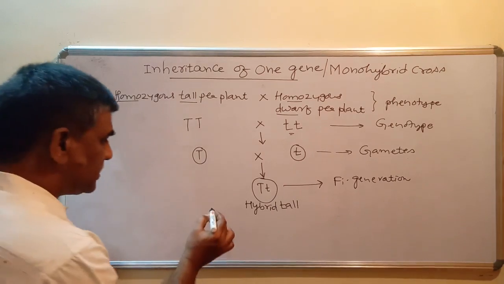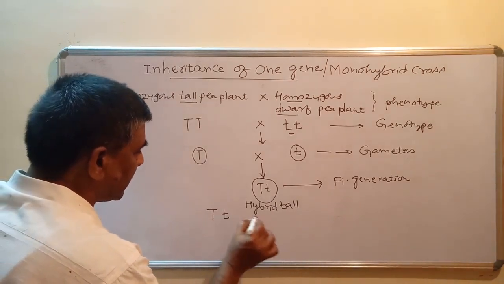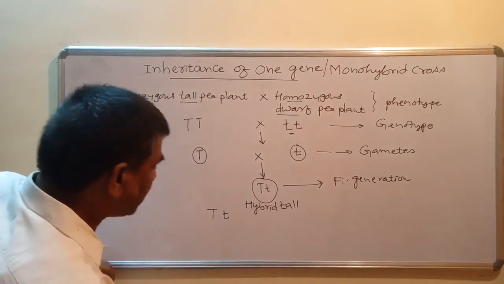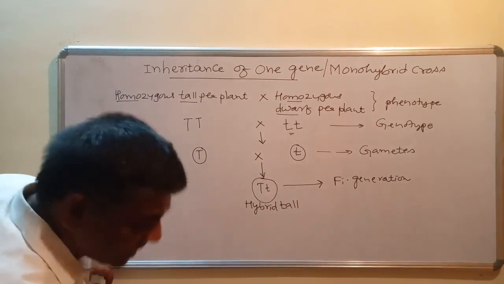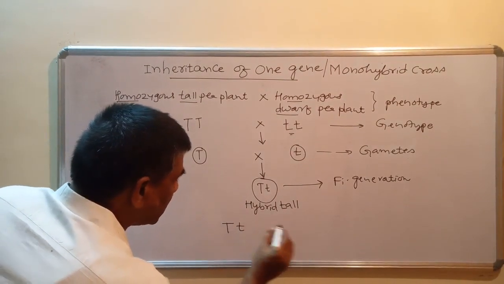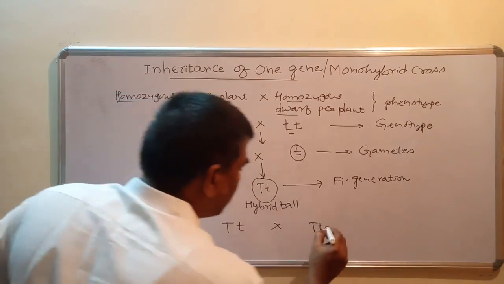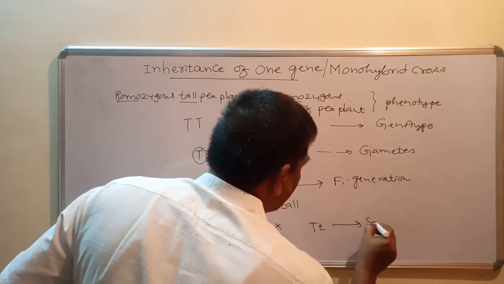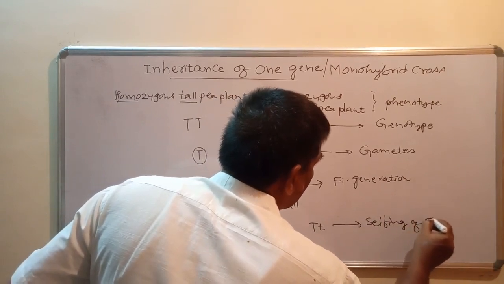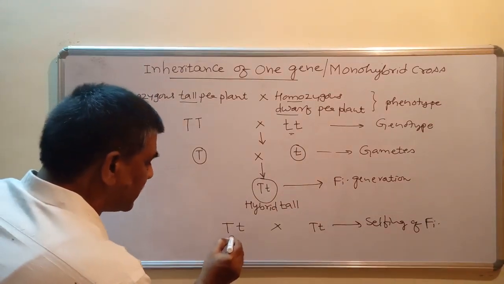Now, these F1 plants are self-pollinated: capital T, small t, capital T, small t. So this is self-pollination or selfing of F1 plants. Then we have to take their gametes.